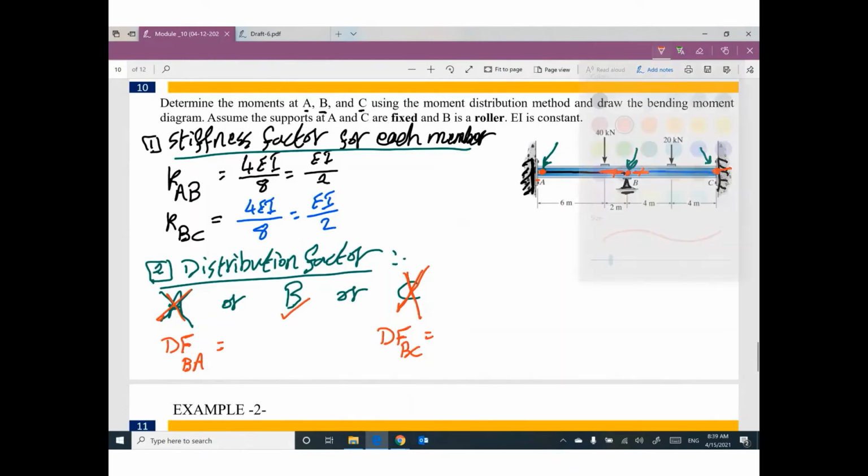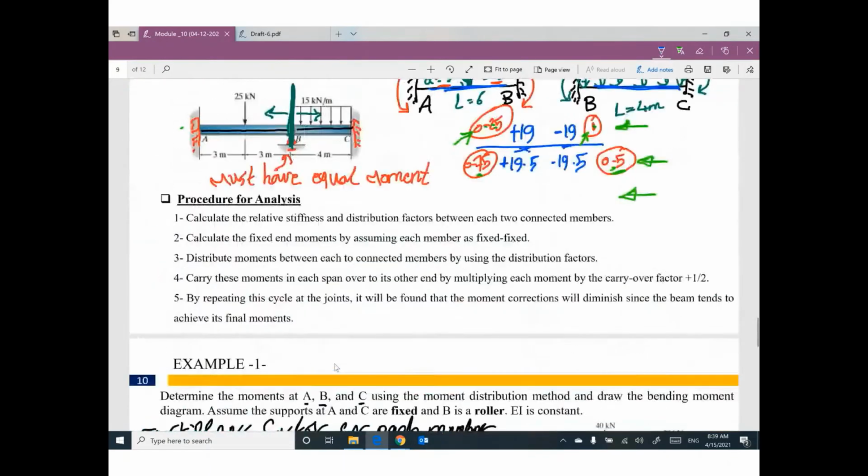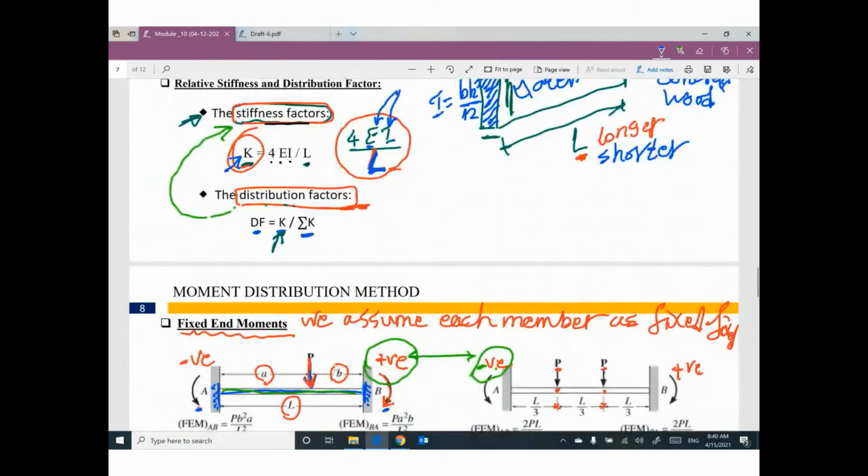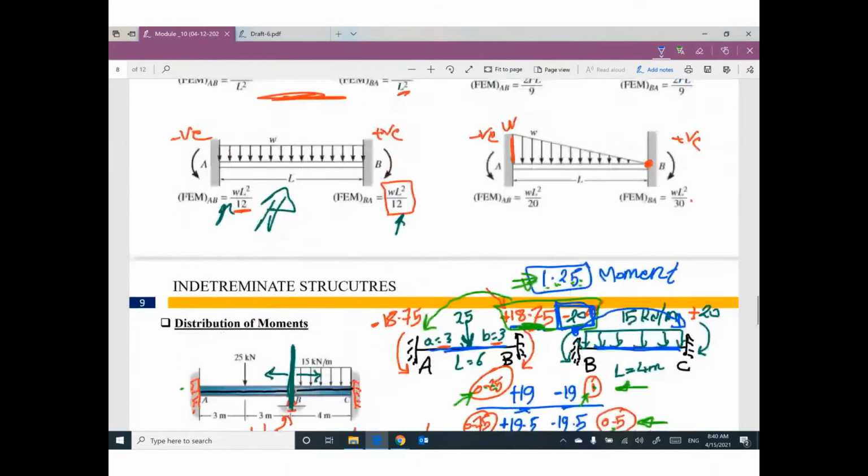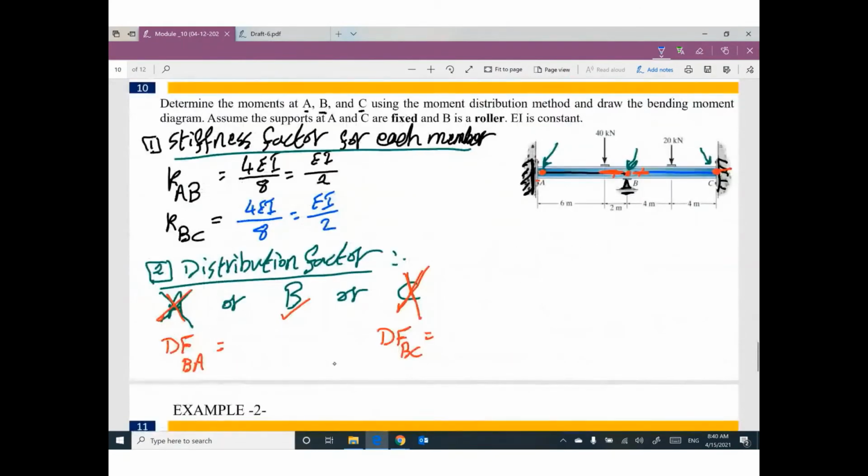Yeah, I can tell you, if you go back here, distribution factor equals K for this member divided by summation K. Okay. What is the value of K for member BA? BA is the same as AB, EI divided by 2. What is the summation of all members at B? We have this member and this member. So EI divided by 2 plus EI divided by 2. The factor will be 0.5.